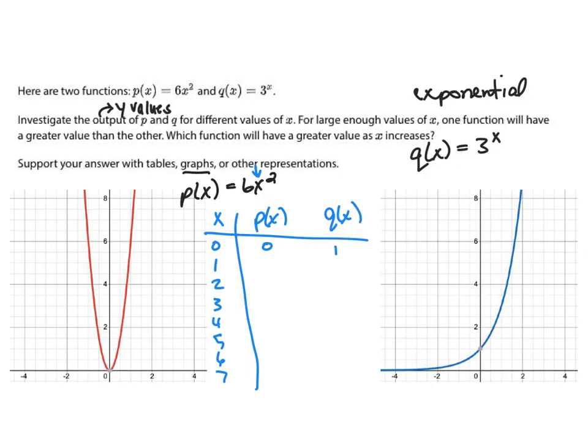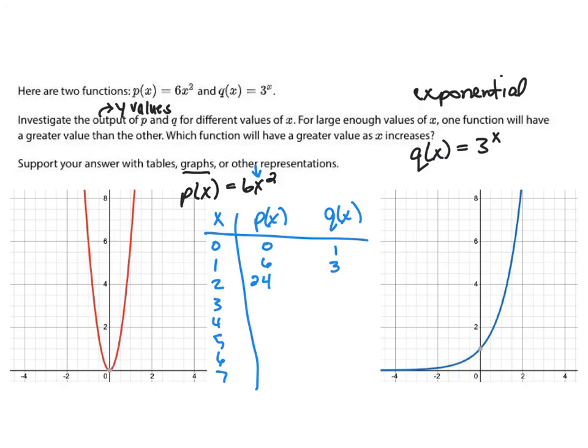I plug in 1 for p, I have 6 times 1 squared, which is 6. I plug in 1 for q, I have 3 to the first power, which is 3. Okay, plug in 2. 2 squared is 4 times 6 is 24. Let's plug in 3 for p of x.